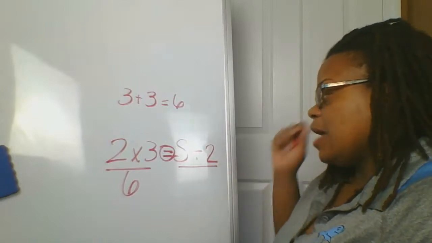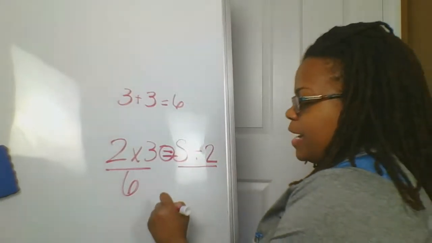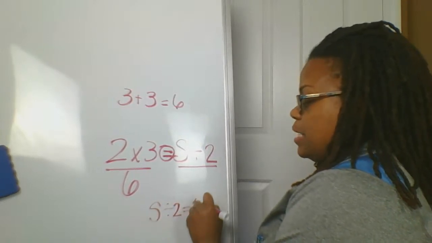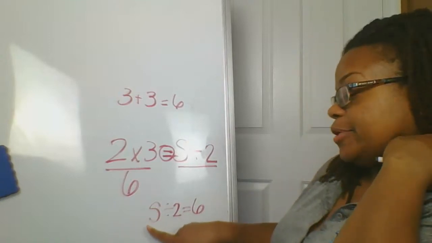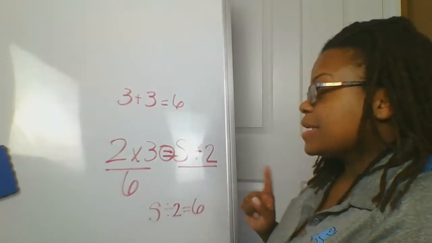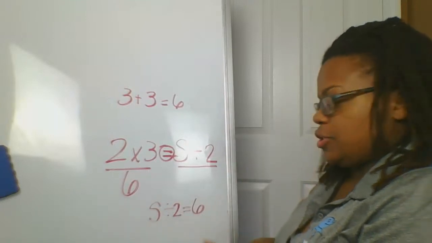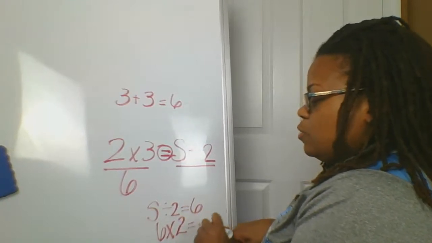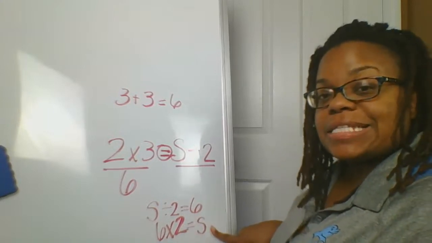So they tell me S divided by 2. So I'm going to write it out. S divided by 2 is going to be the same amount as 6. So what number should I put here in order to make 6? So I'm going to turn this into a multiplication equation. I'm going to start with 6 times 2 equals S. Well, how much is 6 two times?